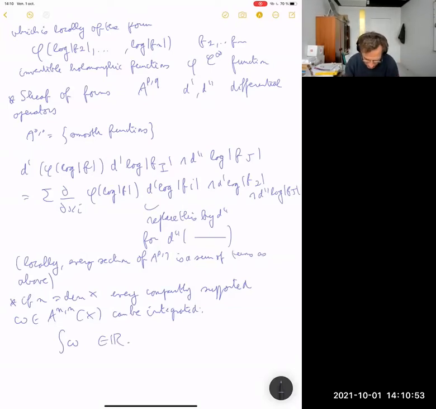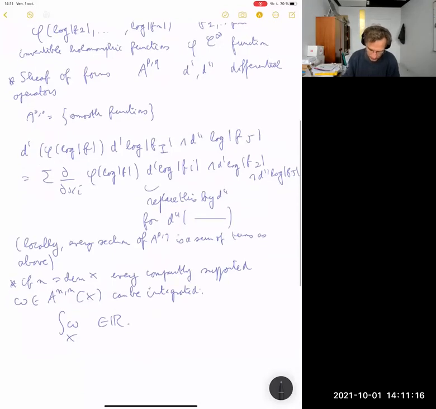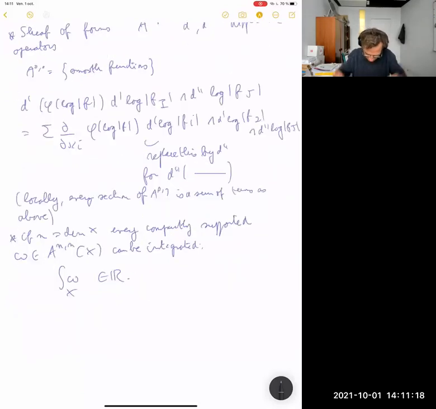And there are plenty of properties of this integration. There is also a boundary integral with Stokes formula and so on. I will not mention them now, but I would like to explain how this integral is computed in a quite simple case. But in fact, the general definition of this integral reduces to this simple case. So it's not only a simple example, but this is in fact the core of the construction of the integral.